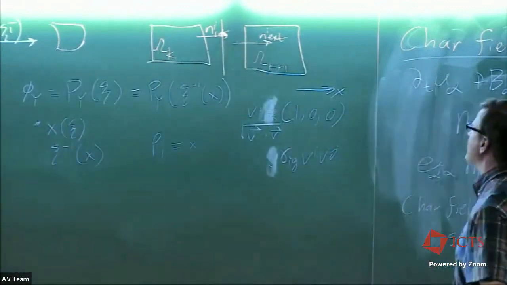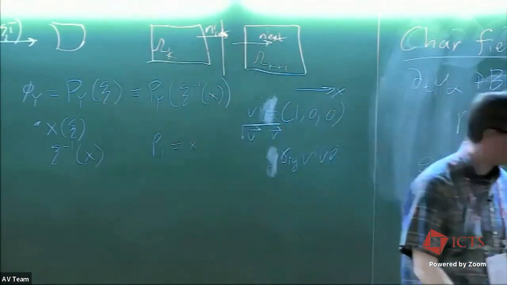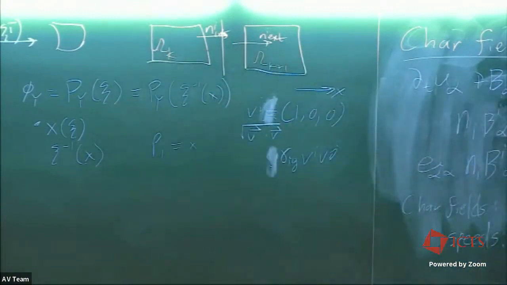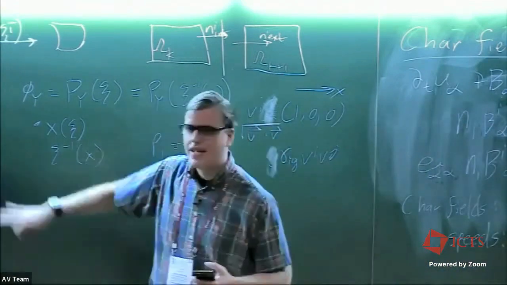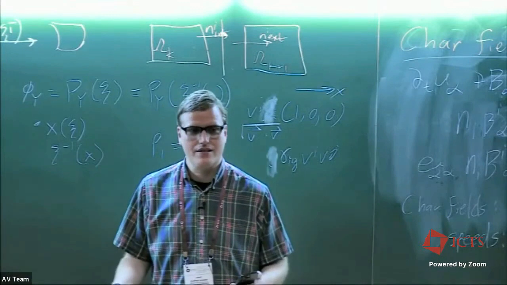These eigenvalues will be negative for flow into the element. So that's the definition of characteristic speeds and fields. And what we put into this D alpha is a function of the characteristic fields and the characteristic speeds.